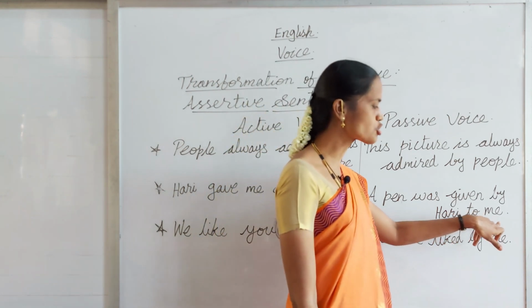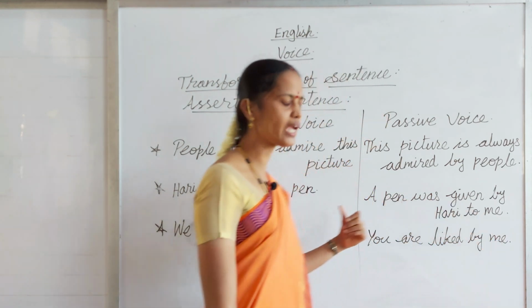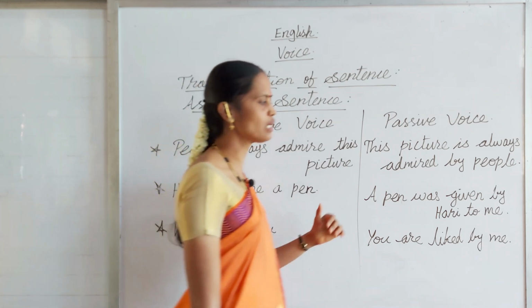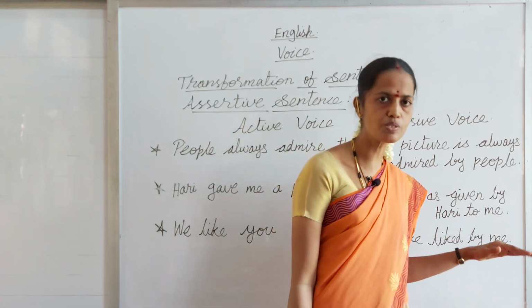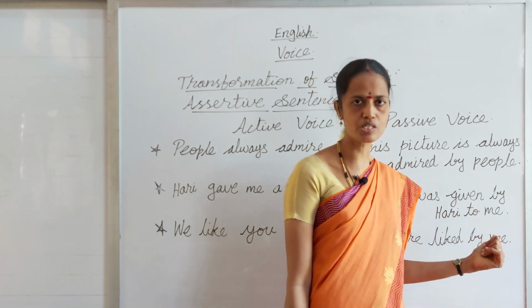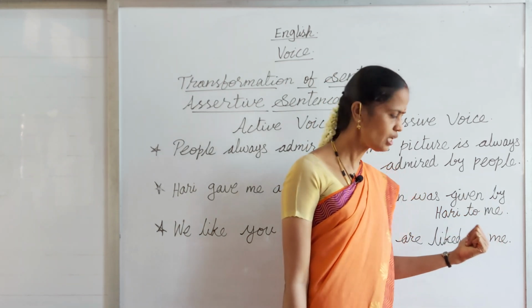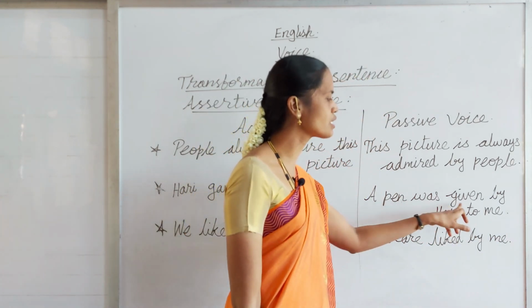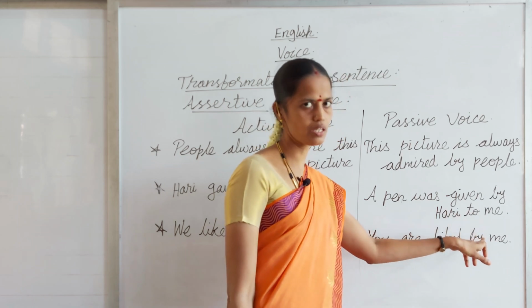Then what about "to me"? "Me" is the indirect object given in active voice. While mentioning that indirect object in passive voice, we introduce the preposition "to" before it. That's why we have written: "A pen was given by Hari to me."